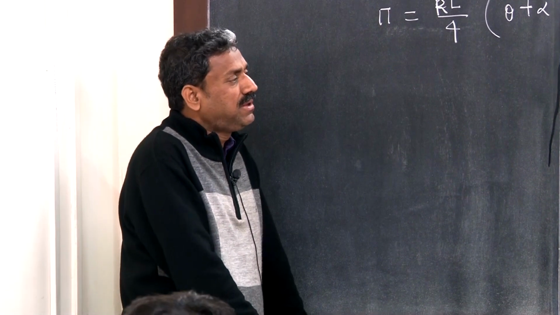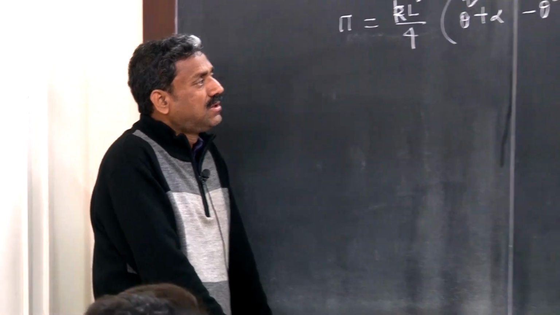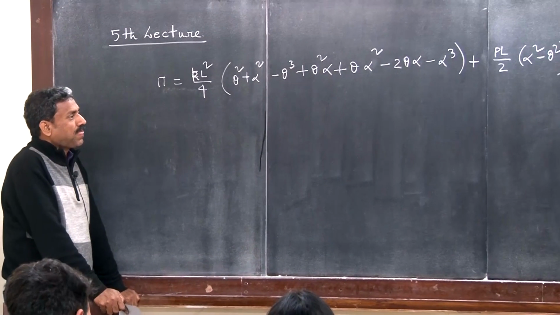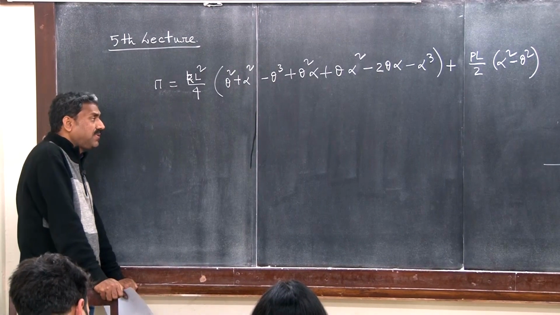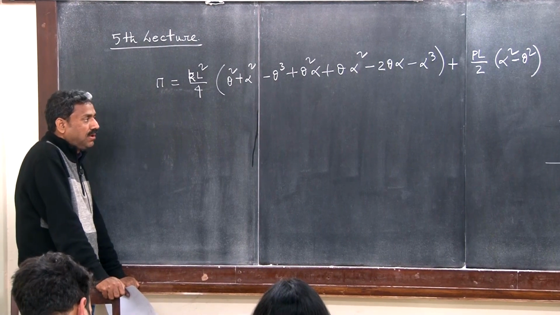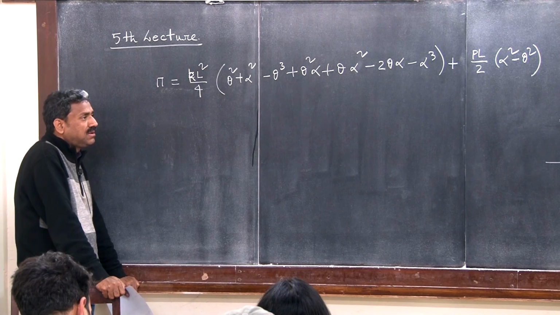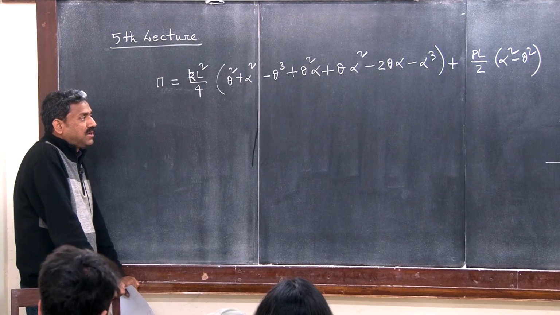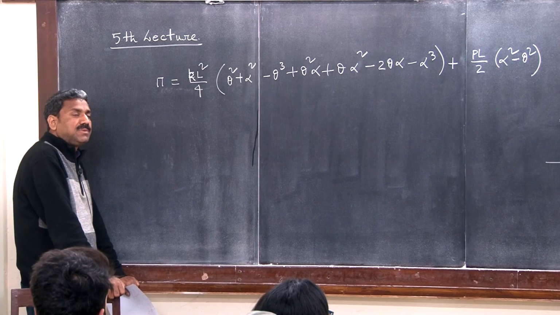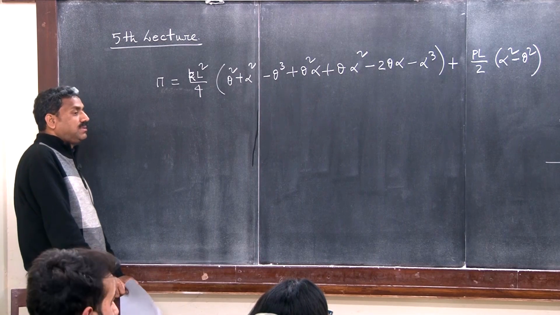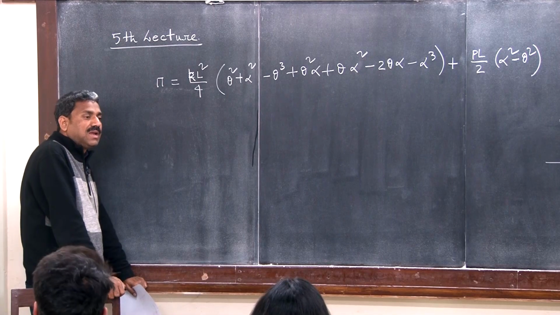Let us briefly recapitulate what we were discussing. We were discussing symmetric and asymmetric bifurcation with stable or unstable post-critical behavior, and we have demonstrated this behavior portrayed by a system in which a rigid bar is restrained by an inclined spring.